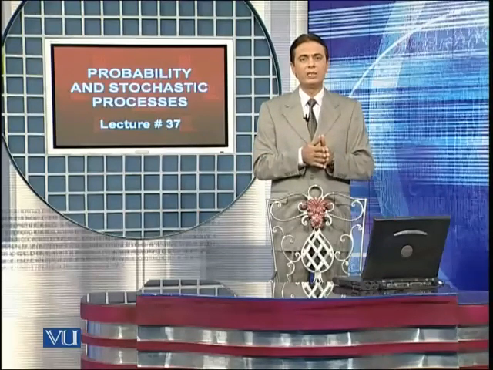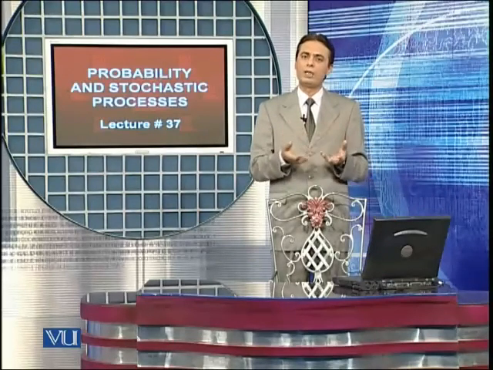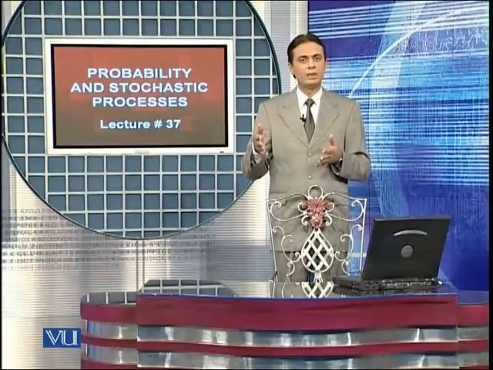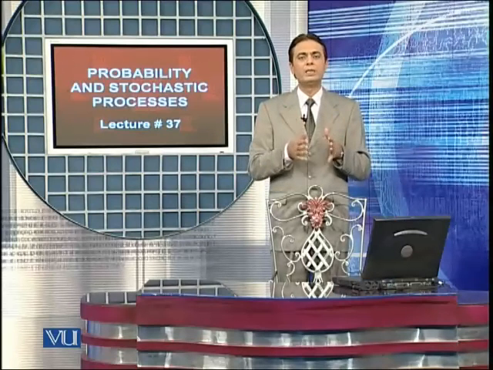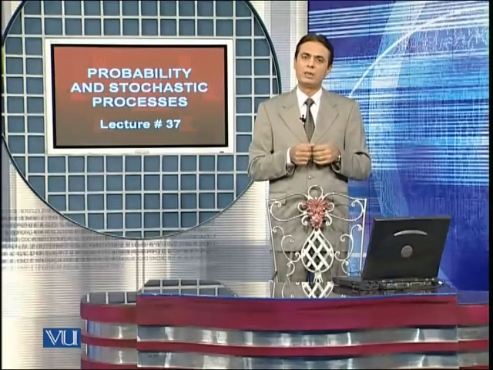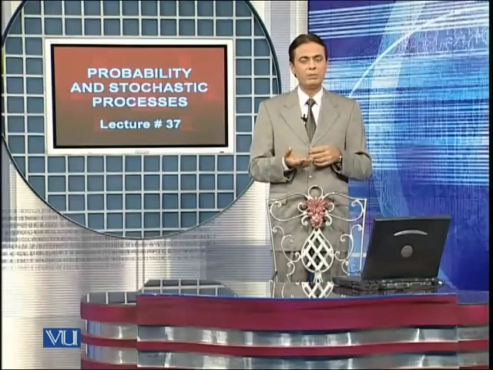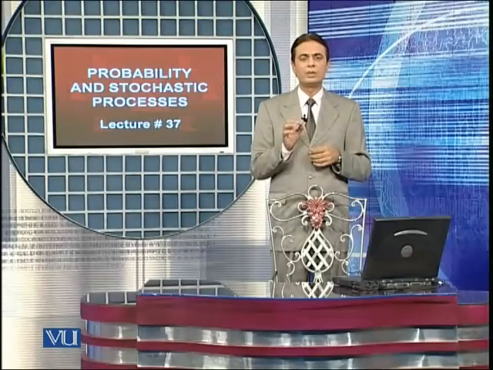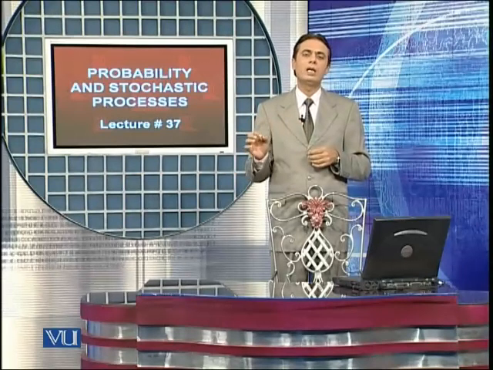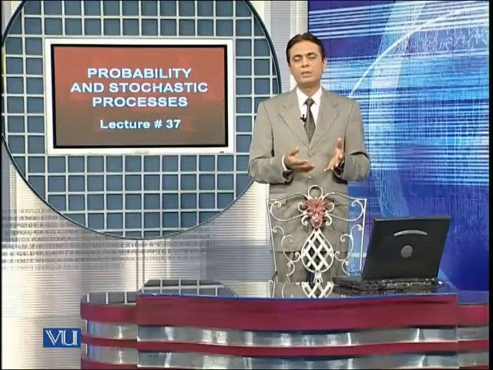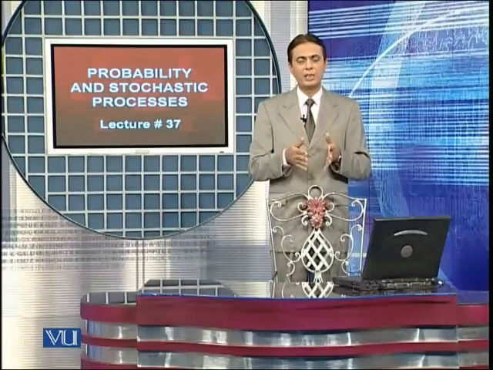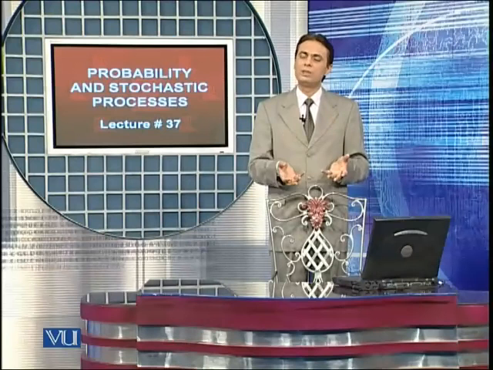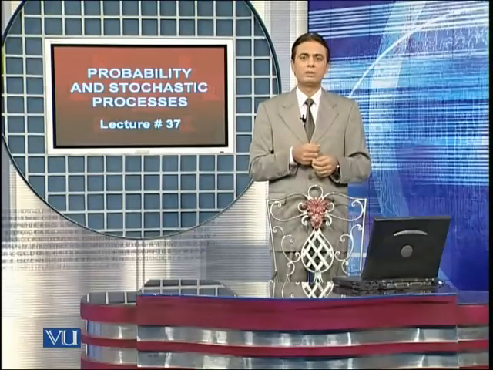All these random variables realize their values one after the other in a predefined, well-ordered manner. And these random variables are identified with an index. So there is an x1, x2, x3. These 1, 2, 3 are indices, and they represent the sampling time at which these random variables realize their values.